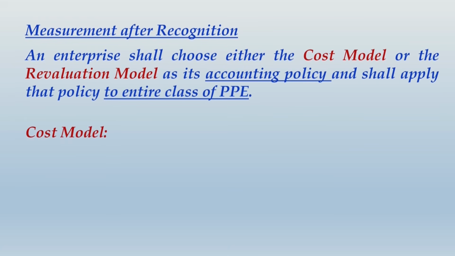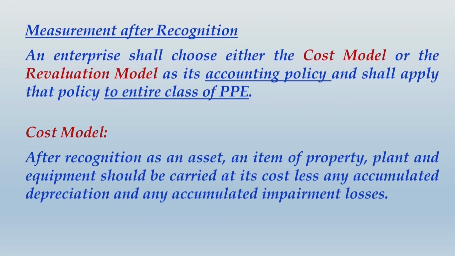So as per the cost model, which is very simple to apply, after recognition as an asset, an item of property, plant and equipment should be carried at its cost, less any accumulated depreciation and any accumulated impairment loss. So please write up this whole thing and then I take you ahead.